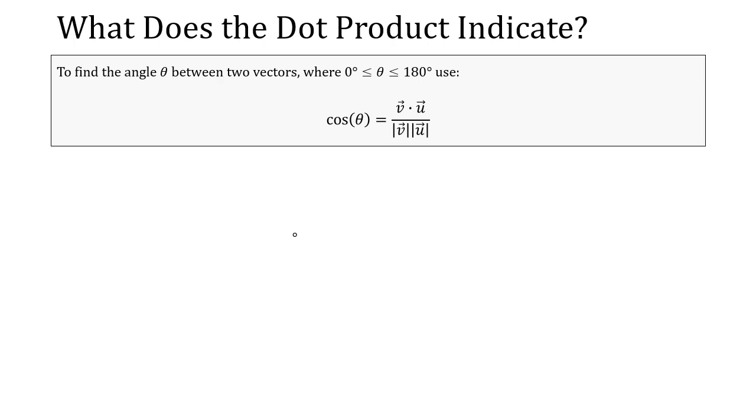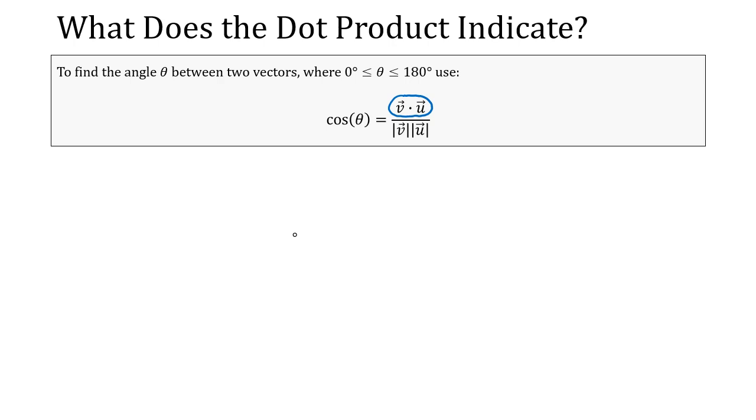So going back to the idea of the dot product, what exactly is it that that dot product indicates? Well, we can explore this by using the formula for the angle between two vectors. There's the dot product up in the numerator. The denominator of this formula is always going to be positive, right?